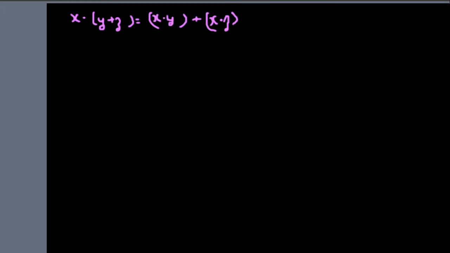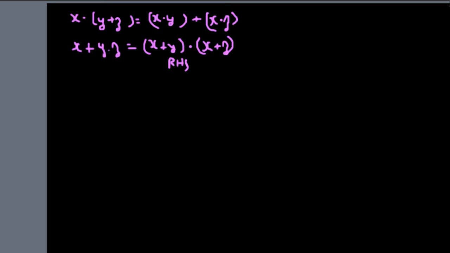So now you'll apply POD, principle of duality. You'll get x plus y into z is equal to x plus y multiplied with x plus z. So this is your second distributive law. This is the LHS and this one over here is the RHS.